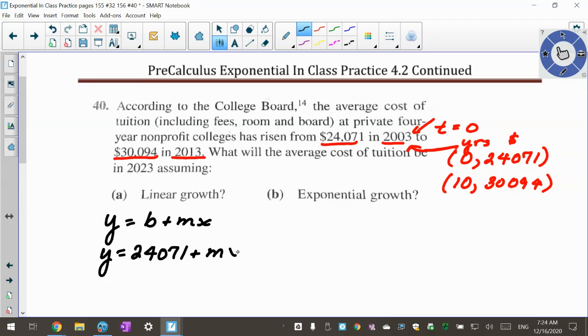Now all I have to do is find the slope. For the exponential, I have y equals ab to the x, because I have my initial value here. I know right off the bat that this is 24,071 b to the x. I can only do that if I know the initial value.